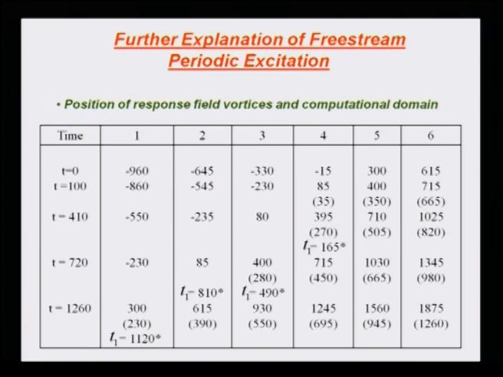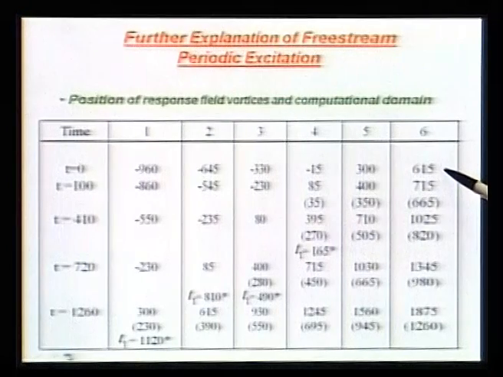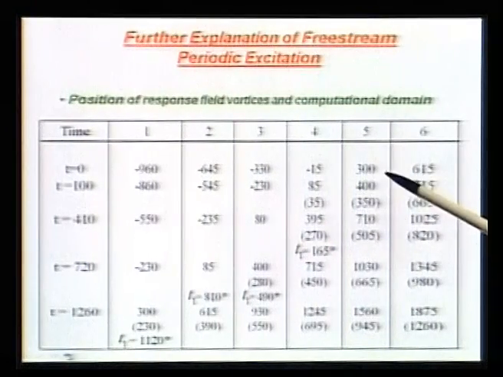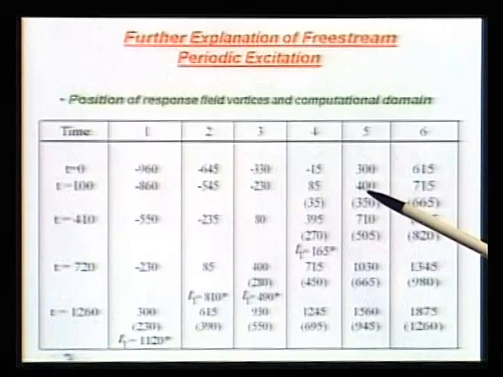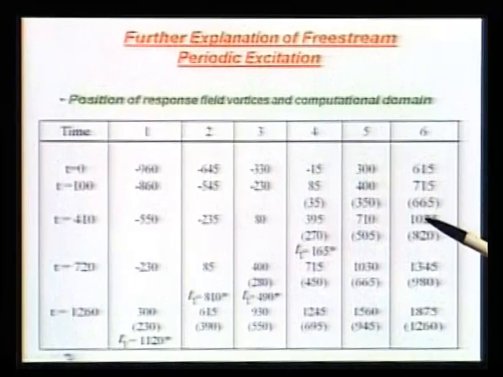So here in this table we have given you a proper accounting of what we just now explained for that pure convection case. I told you the vortices are placed at 300, 615, 930, 1245, etc. But there are vortices also upstream of the computational domain.